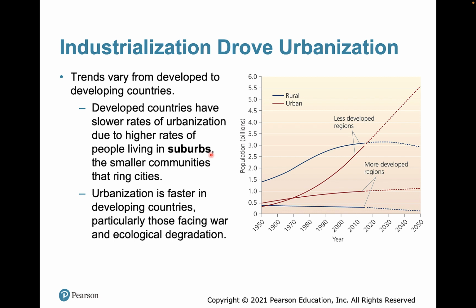So, the suburbs of New York City, like Long Island, the suburbs of Philadelphia, the suburbs of Camden, etc. People want to live there rather than in the urban areas or in the rural areas. And that's part of what contributes to urban sprawl, which we're going to talk about. Even out here, it's spread out into exurbs, okay, which is even a little further out, which we'll talk about.